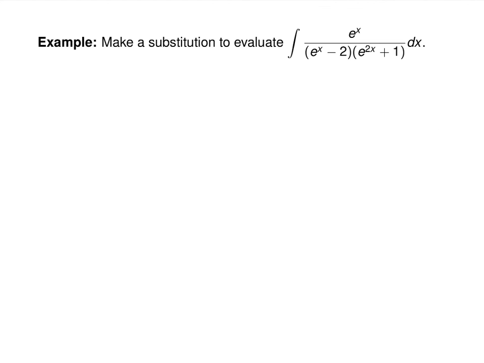This next one, we're going to set up. First I want to do the whole substitution business. This one's a much more obvious substitution. What do you let u equal? e to the x. And then du is e to the x dx.